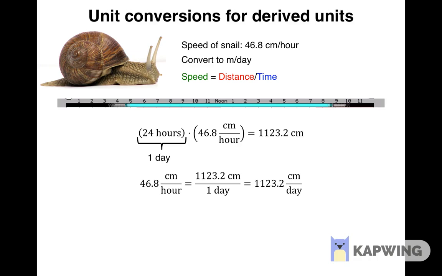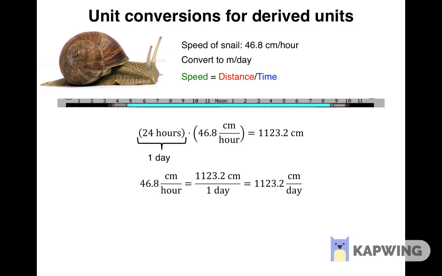First, we realize that a speed of 1123.2 centimeters per day means that the snail moves 1123.2 centimeters in 1 day. How many meters is that?